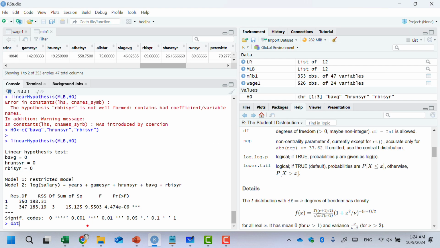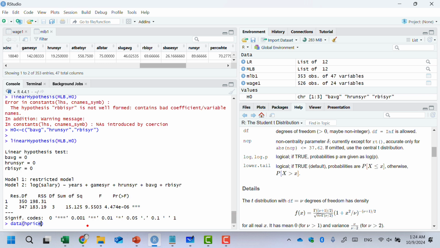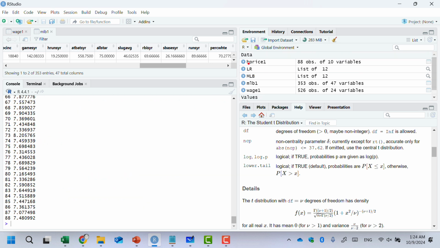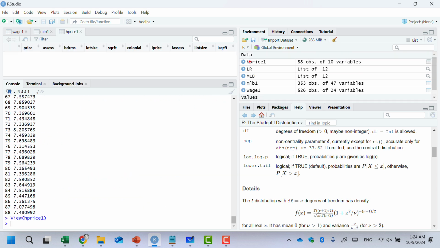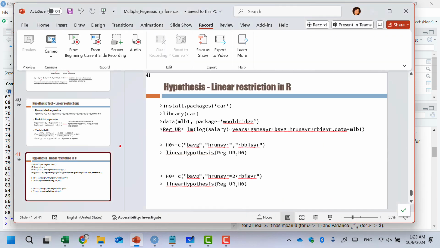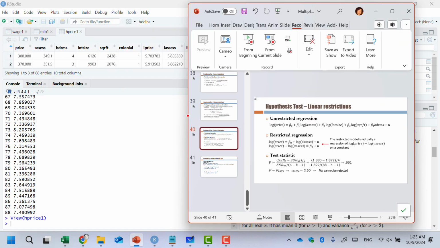Again, I'm going to bring in the data, which is the hprice1 package, right? So we get hprice1. And then our model, what was our restricted model? So I want to refer to this one.